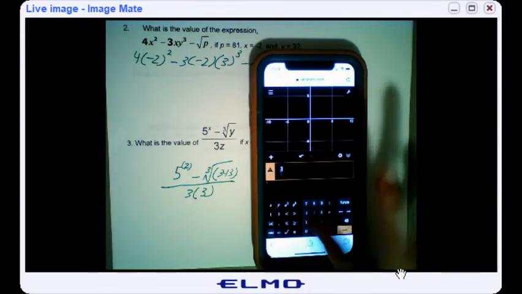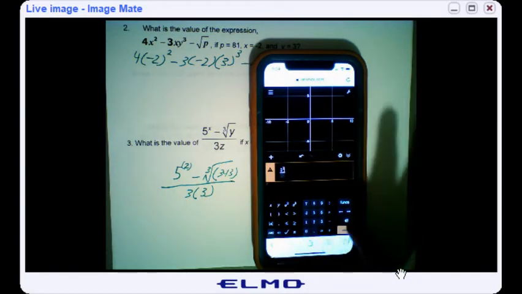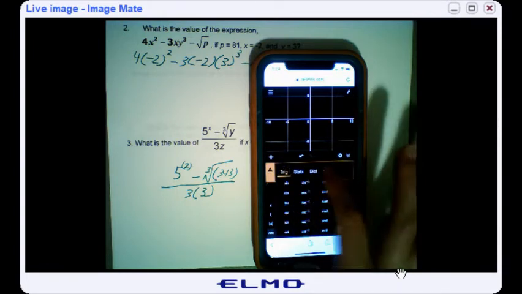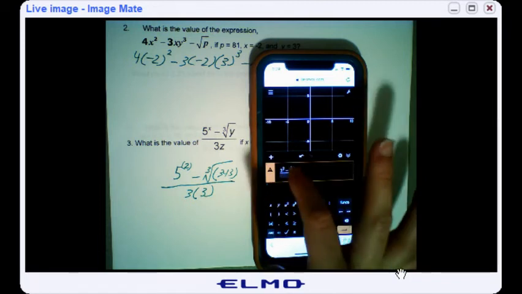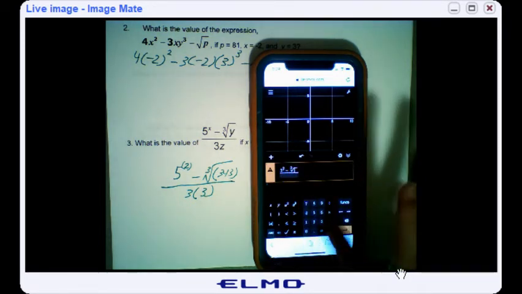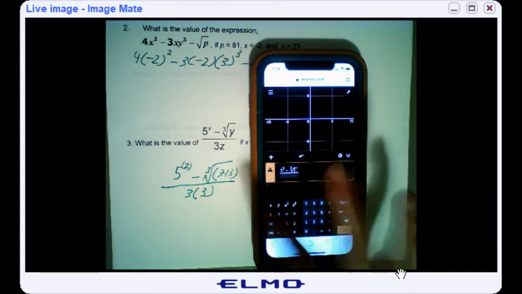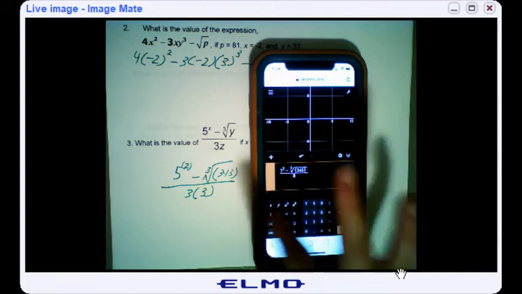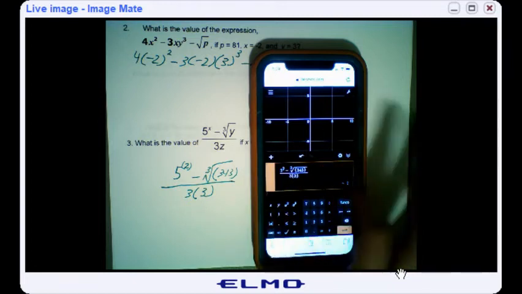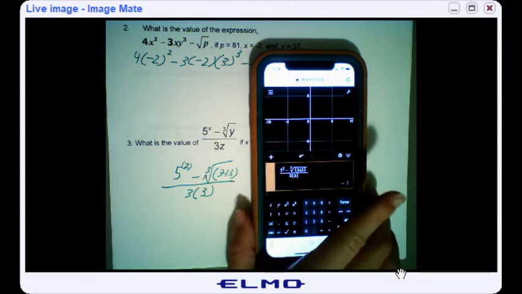So 5 squared minus cube root is functions, miscellaneous, and then you can type in 3 for the cube root, and then 343, all over 3 times 3. And it tells me it is 2.